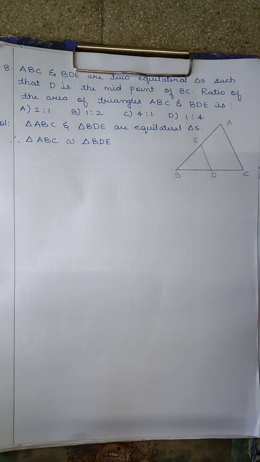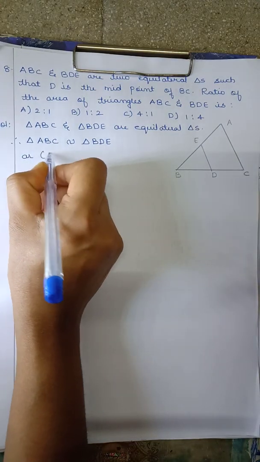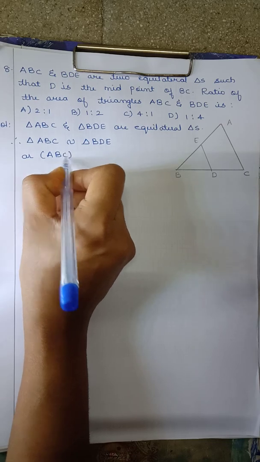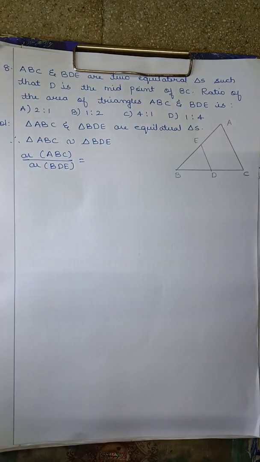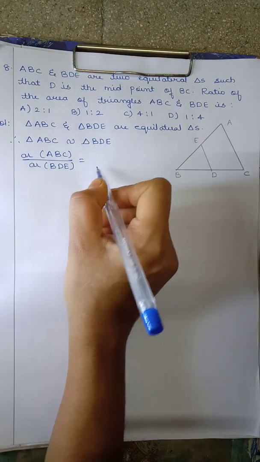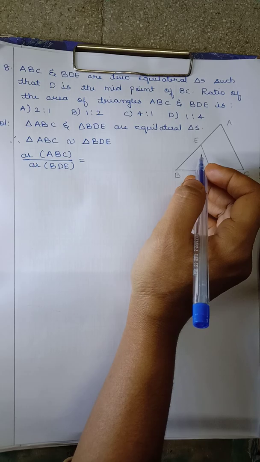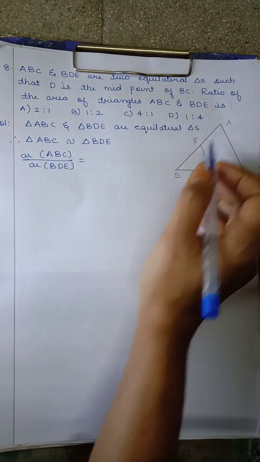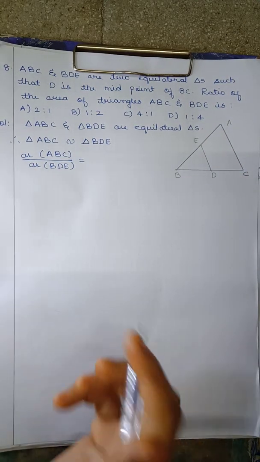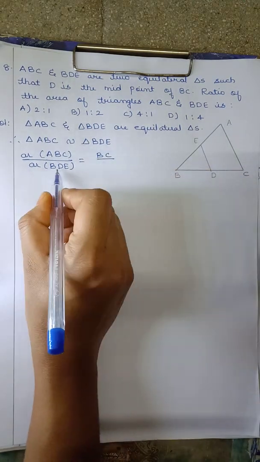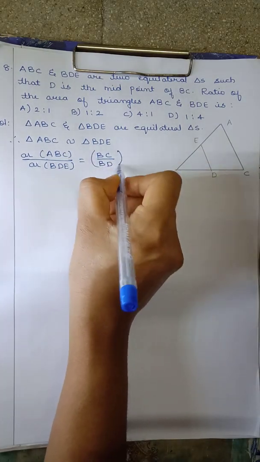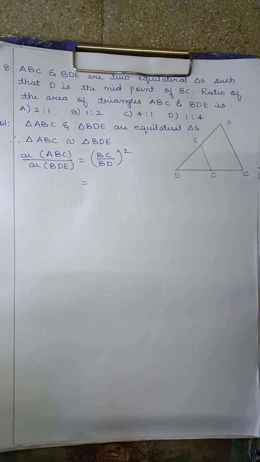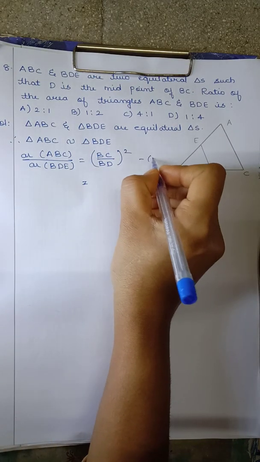Now when triangles are similar, the area of ABC upon the area of triangle BDE will be equal to the square of their corresponding sides. So we will take the BC side, which in triangle BDE corresponds to BD, whole raised to square. Let this be equation 1.